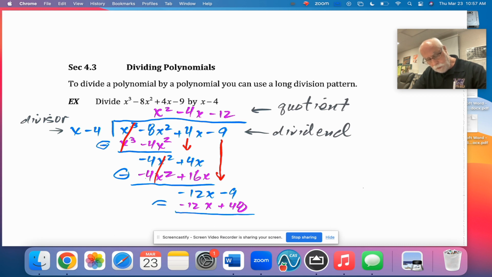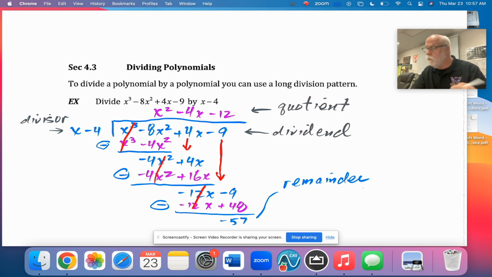Again, we're going to be subtracting those. The first ones go away. And now I have negative 9 minus 48, which will give us negative 57. And this is our remainder. And when you're done, you put your remainder over your divisor.